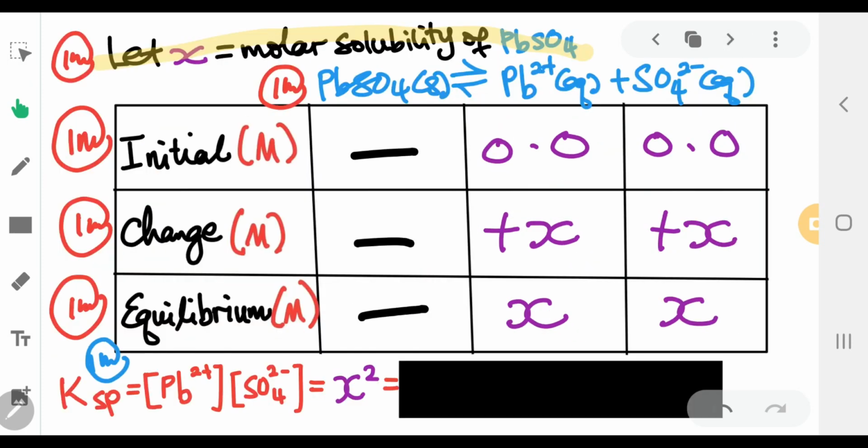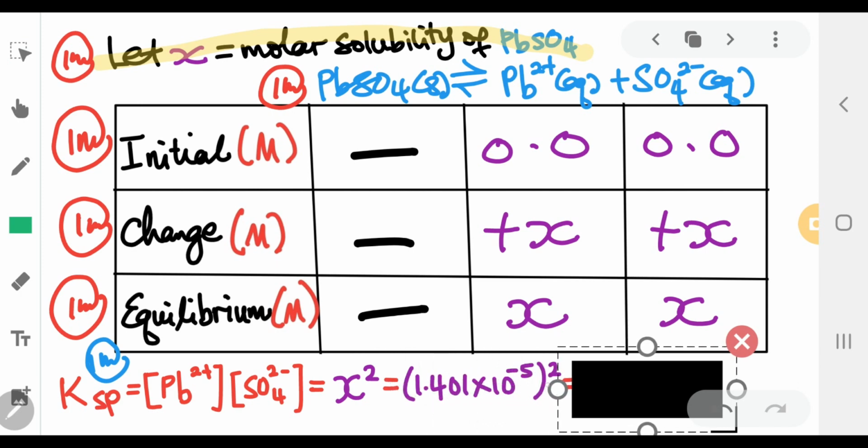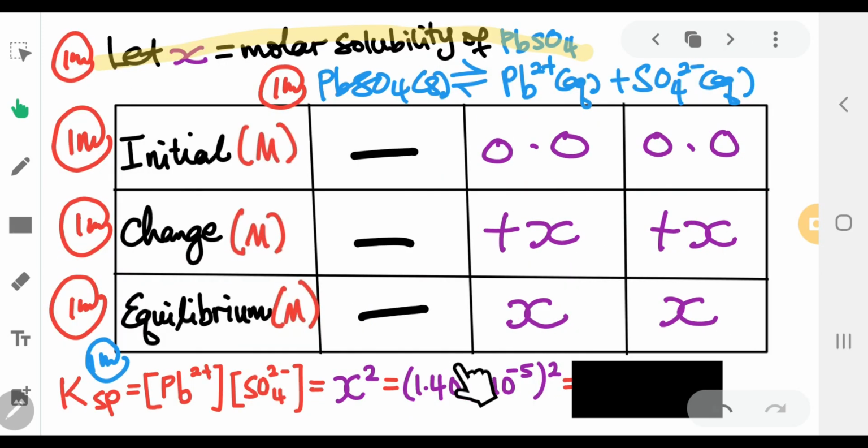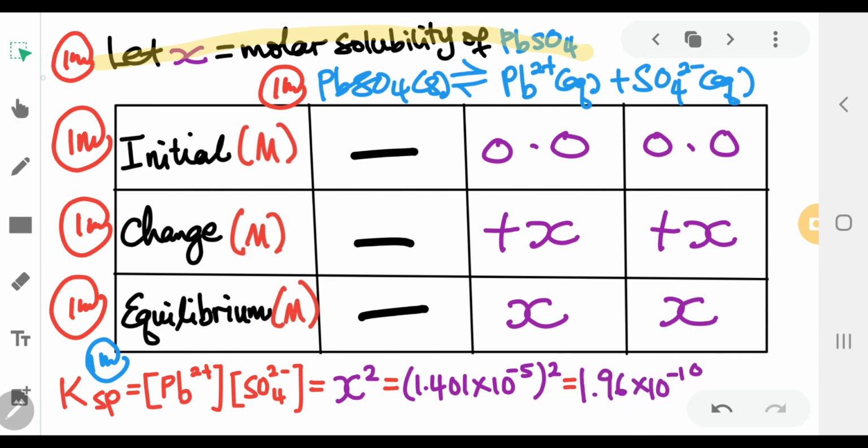And we can plug in that value in here. So that is the value of molar solubility of lead sulfate that we have got right there. What I did here, I just plugged in the value and I would be able to get my KSP value in the end.